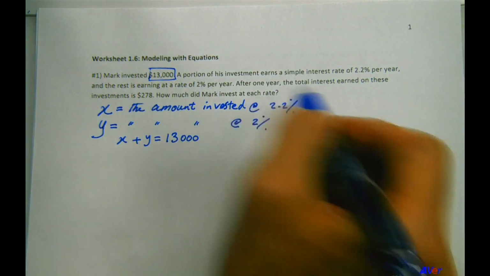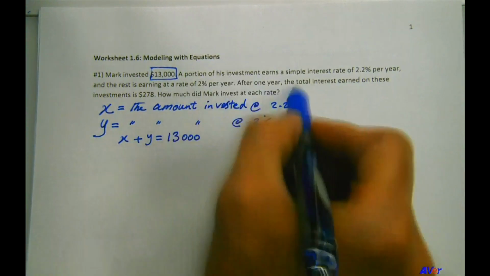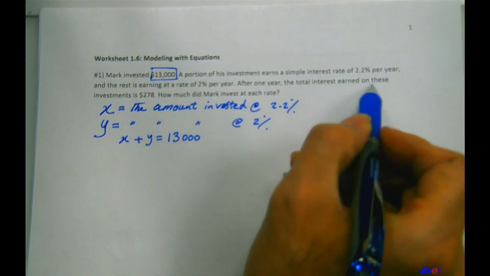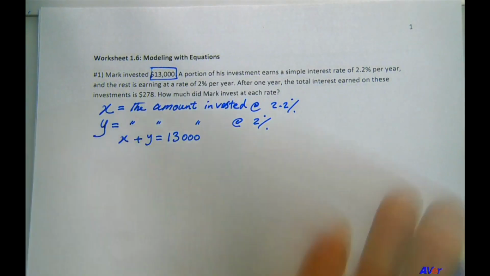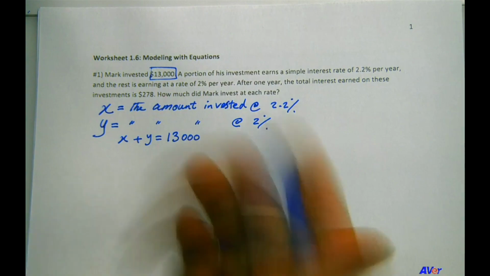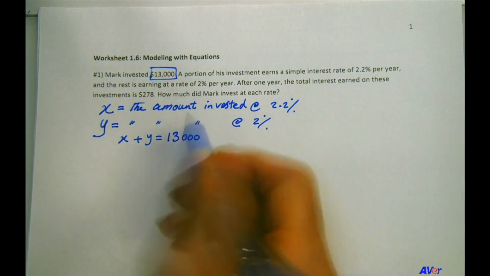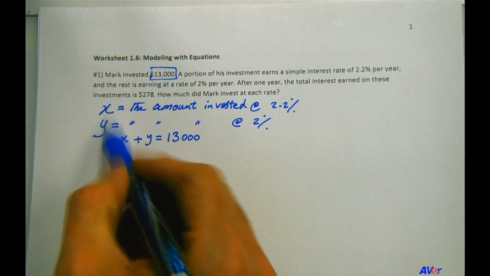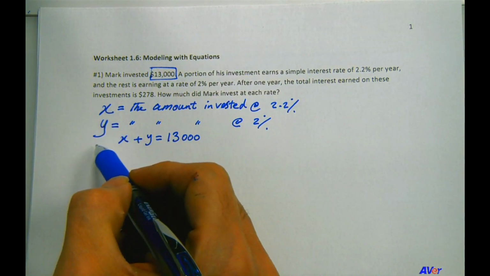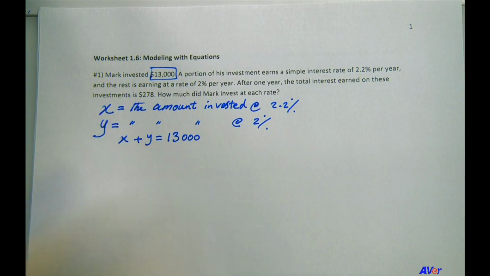Okay. Then, after 1 year, the total interest earned on these investments is $278. That's very good information, because that is going to give us another equation to solve. That's important because we have two variables, so we need at least two equations to solve for these two variables.